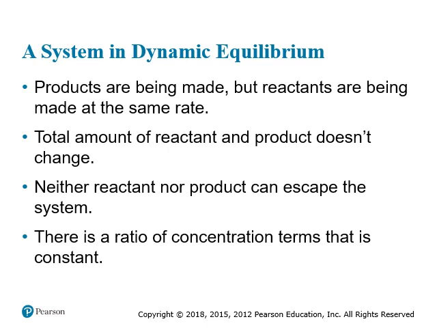It doesn't matter if we start out with nothing but reactant and we see the formation of product, or if we start off with nothing but product and see the formation of reactant. It doesn't even matter if we put some reactant and some product into a reaction vessel. They're going to react in such a fashion that they walk away at equilibrium. And at equilibrium, there is a ratio of concentrations that must be true.